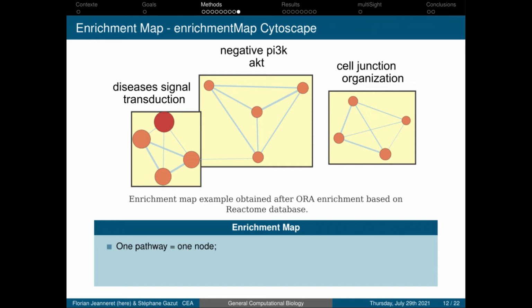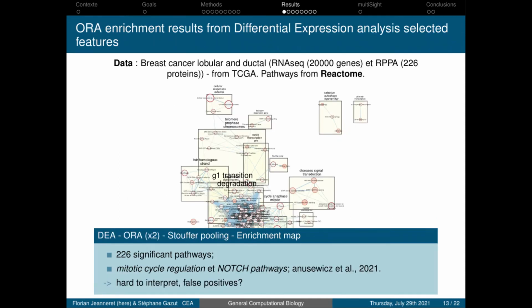This is a network where nodes are pathways, the ones you have in the enrichment results table. One edge between 2 nodes is drawn if genes are shared, and nodes are then clustered according to network topology into biological themes.